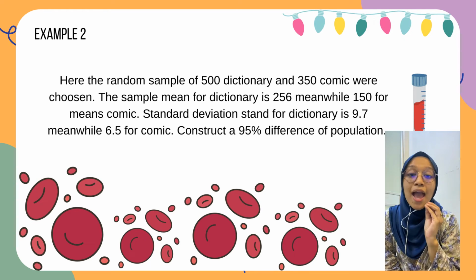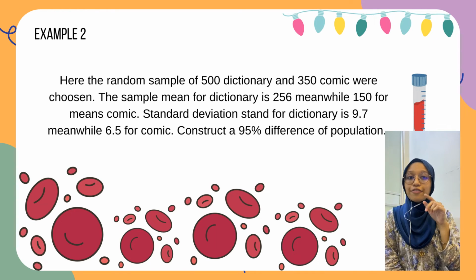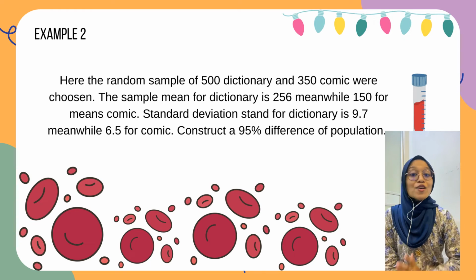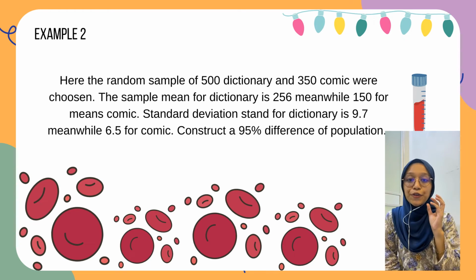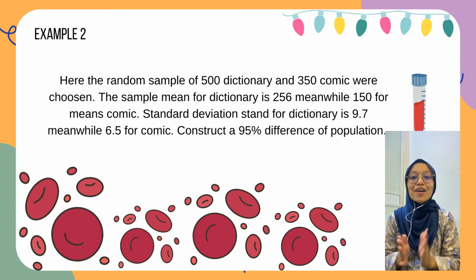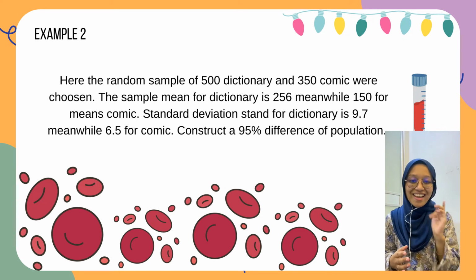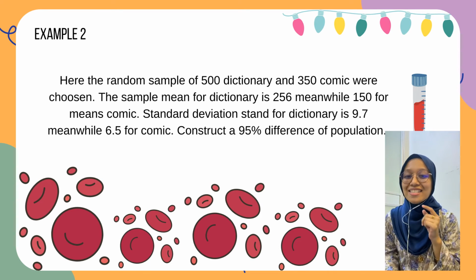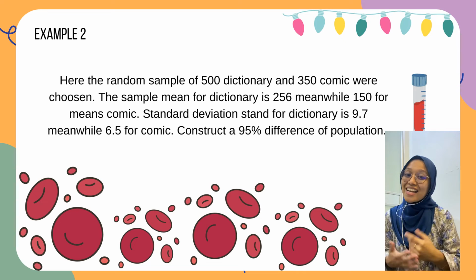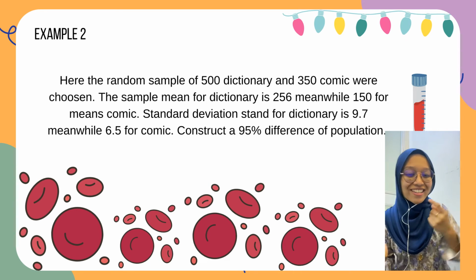The question is you need to construct a 95% confidence interval for the difference of the population means. You need to use the formula that I have given in the earlier slide. But don't worry, I will show you the same formula in this slide. So let's see how the calculation is going on.